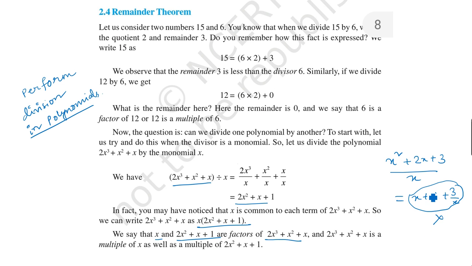So we cannot write x square plus 2x plus 3 as x into another polynomial q(x), because here we can see that x to the power minus 1 is present. So we cannot divide x square plus 2x plus 3 by x.